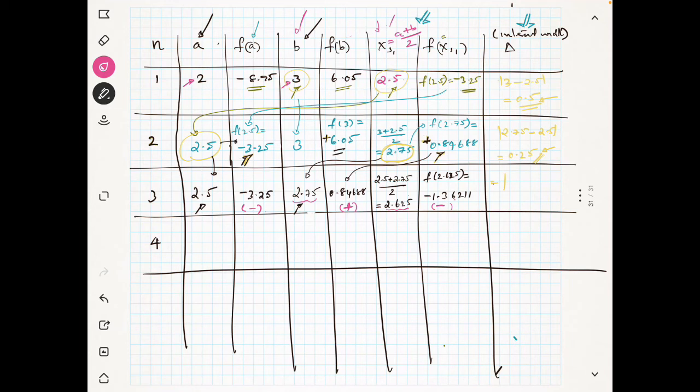So the solution is between b and the new interval. We will always compare with the new value. The new value is negative, and we take the old value which is positive. This one is negative, so we will not take it, because it is already negative, and we will not take negative again.